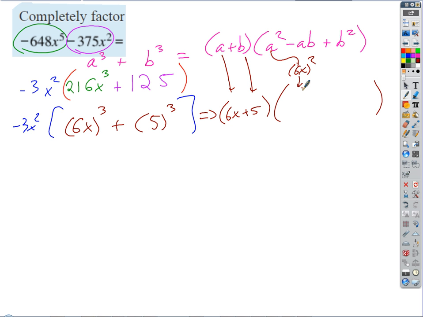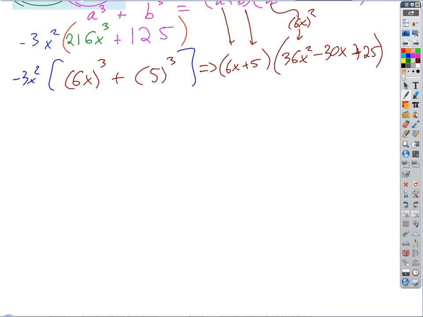What's that gonna give me if I distribute the power? Not 12, because I'm taking it to that power. So 6 squared would be 36. So 36x squared, and then minus A times B, what's AB? 30x. And then plus B squared, that's plus 25. So that's what we get just from this part.